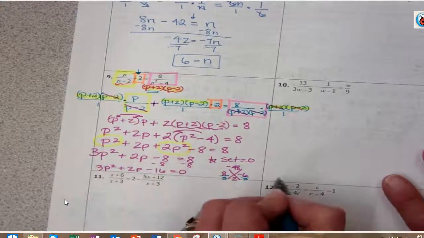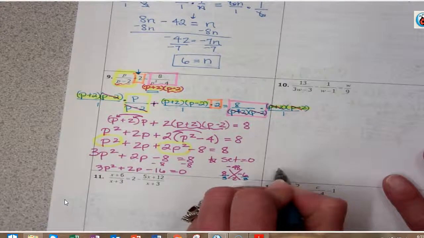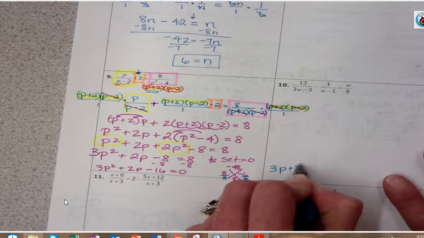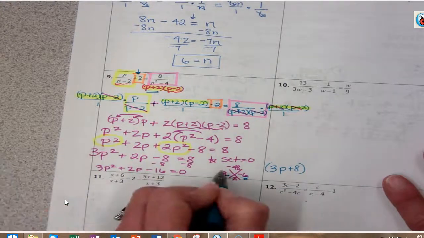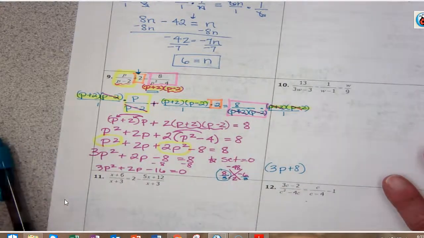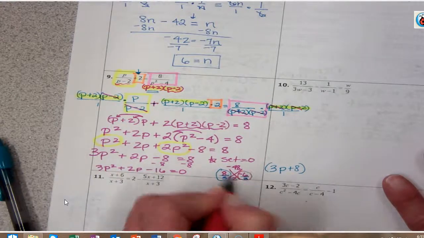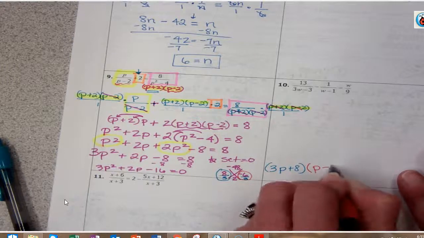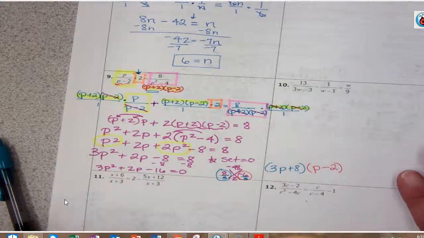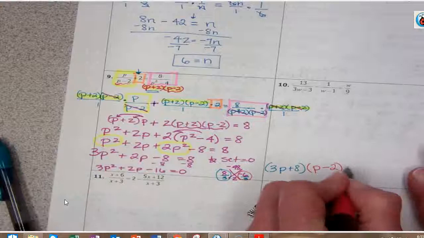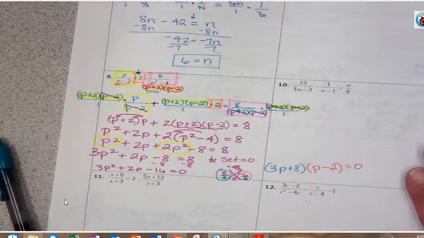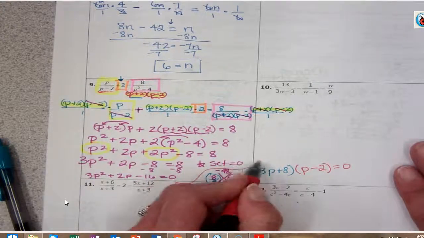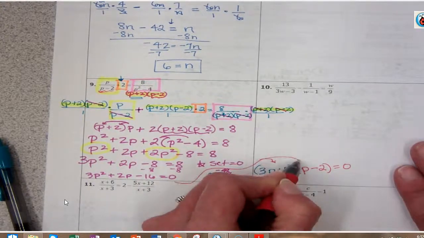And I'm going to be left with 3p plus 8 is this one, and p minus 2 is that one, equals 0. So this is factored into these.